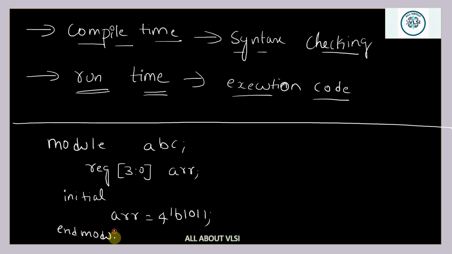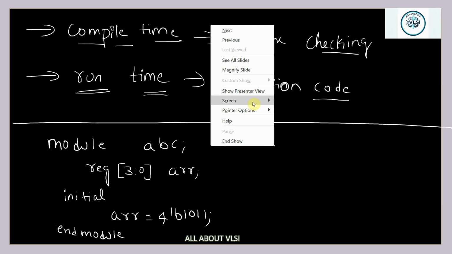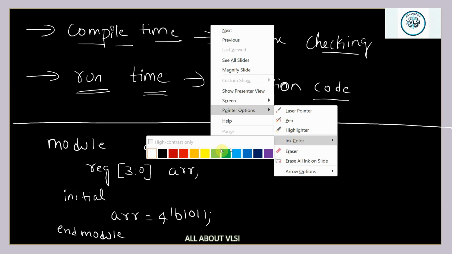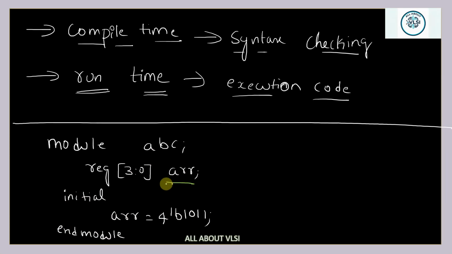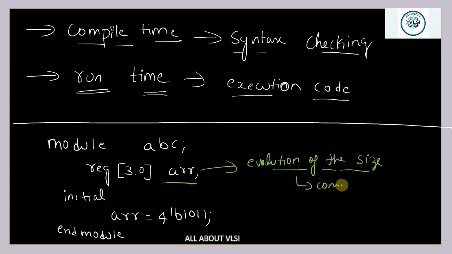During compile time, my compiler is going to check the size of the array that we have declared, whether it is 4 bits or 5 bits. The evaluation of the size and whether it is syntactically correct happens during the compile time.